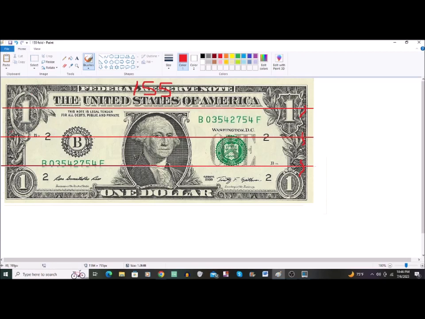I can just see the top of it right here. It's not very easy to do, but you can match that pattern up, and that gives us where these folds should be.